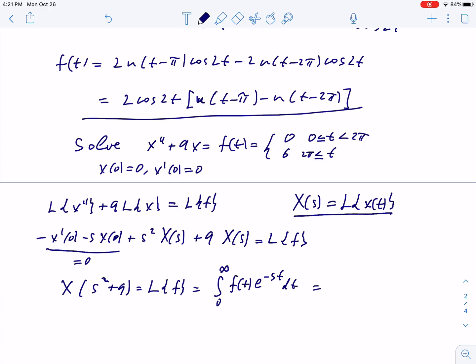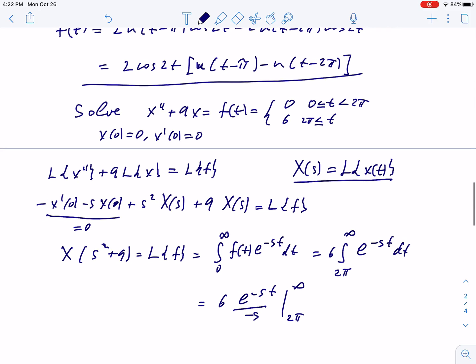So this integral becomes 6 times the integral from 2 pi to infinity of exponential minus st dt. That's easy to integrate. Here we have 6 exponential minus st divided by negative s between 2 pi and infinity. At infinity we take the limit, and this limit will be 0. We have seen this many times.